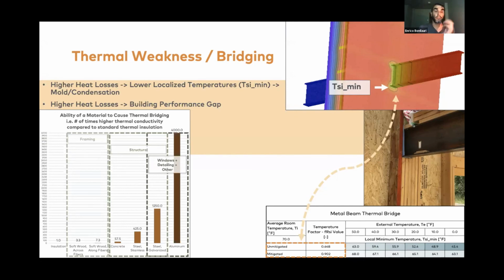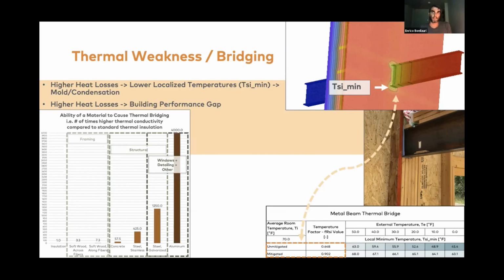Starting from the left, you have insulation, so 1. Softwood, with the flow going across the fiber or along the fibers. And I also put the dash boxes to kind of convey who's in charge of looking after that material. So for your framing, you see relatively low, super low ability of wood to cause thermal bridging.